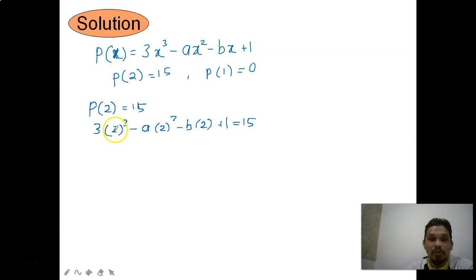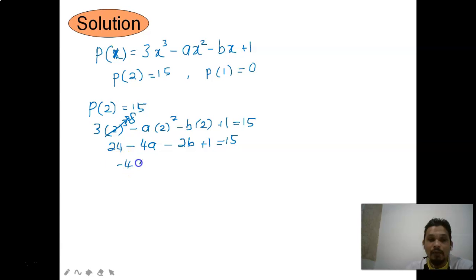So 2 cubed equal to 8. 8 times 3 equal to 24, minus 2 squared equal to 4a, minus 2b plus 1 equal to 15.